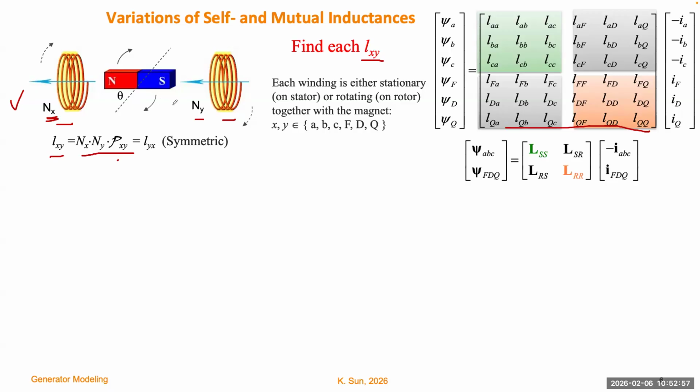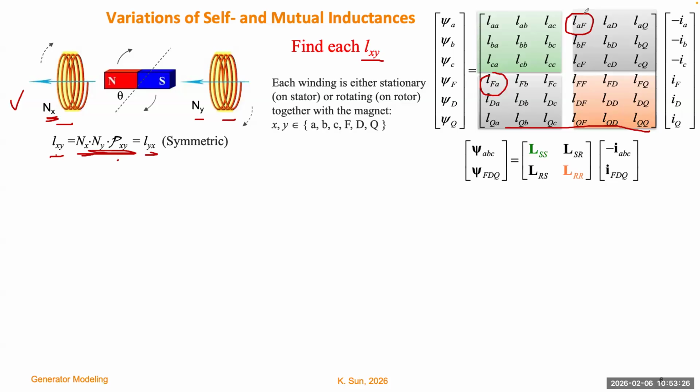And because this formula doesn't tell the direction of SY, if we calculate LYX, it's the same formula. So we conclude there's a symmetry regarding this inductance matrix, which means any element like LFA will be equal to LAF.